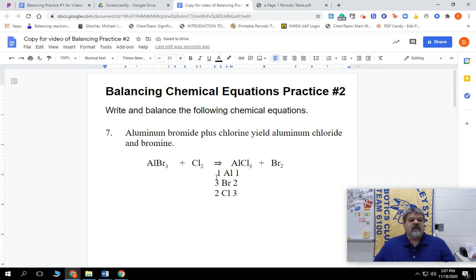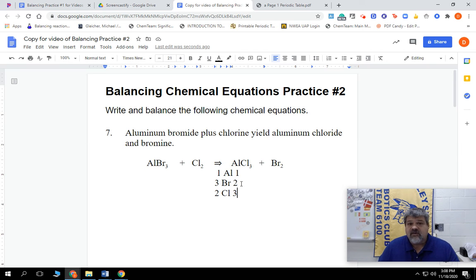So I have the same amount of aluminum, but I have different numbers of chlorine and bromine on each side. We're going to look at bromine first. These numbers are close together. This one is always multiples of 3, and this is multiples of 2.